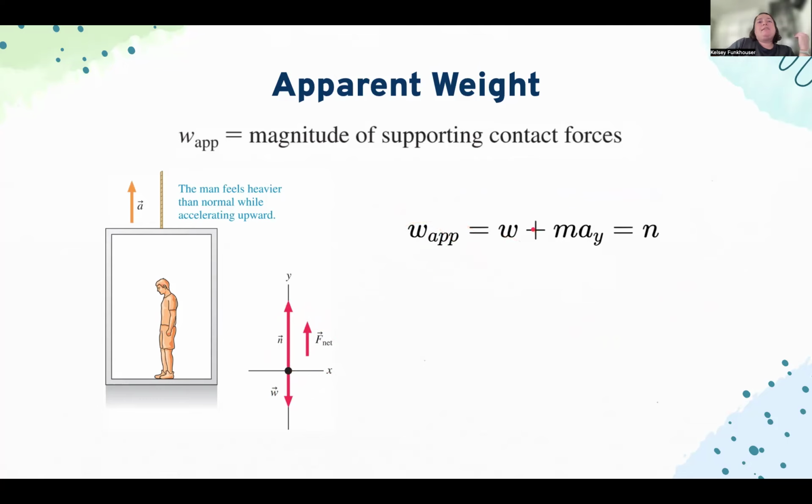So what we end up with in this case, and we'll do an example with this to make it more clear if it's hard for you to follow the algebra without seeing it, which I totally understand, is the weight plus the mass times acceleration. So that is why he feels heavier, because on top of his weight normally, he also feels this big normal force pushing him up and making him feel heavier.